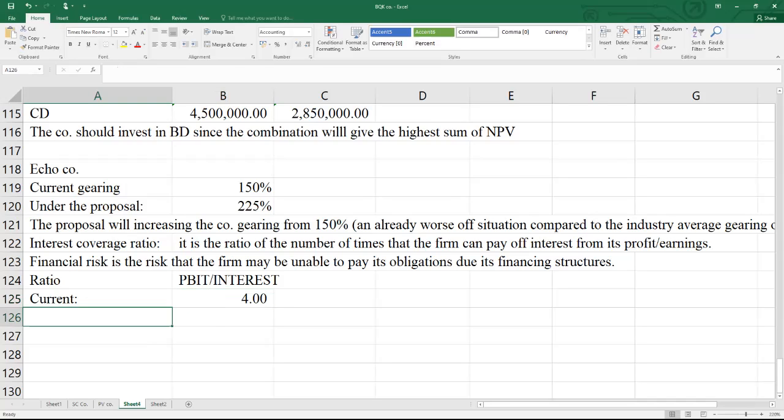Therefore, currently this company has a ratio of 4 times. That means the company can pay its interest 4 times from its earnings. Definitely, the higher the ratio, the better the company is in its management of financial risk. If you observe, the other companies in the industry have a ratio of how many times?